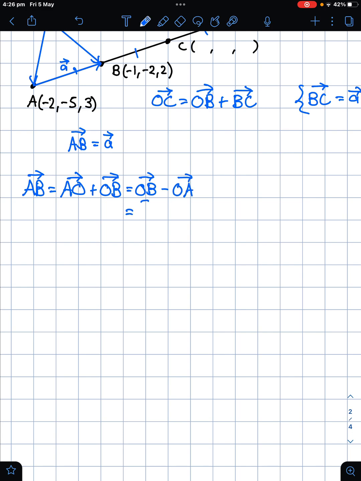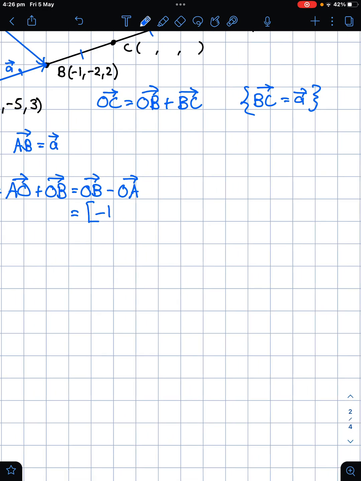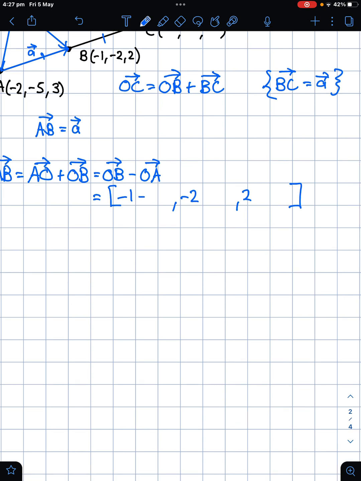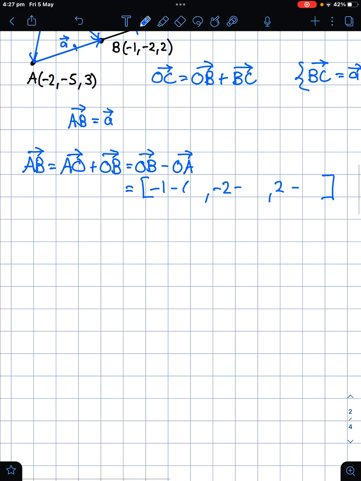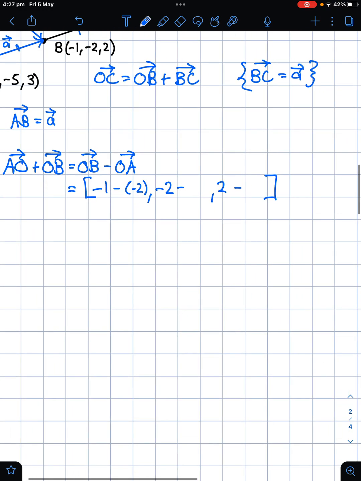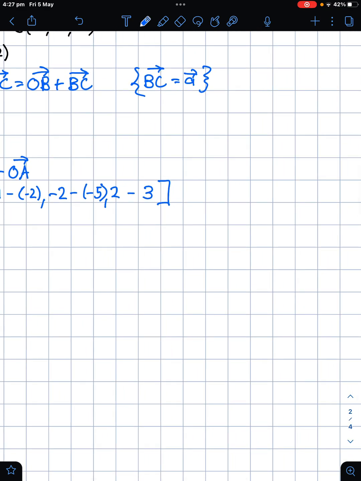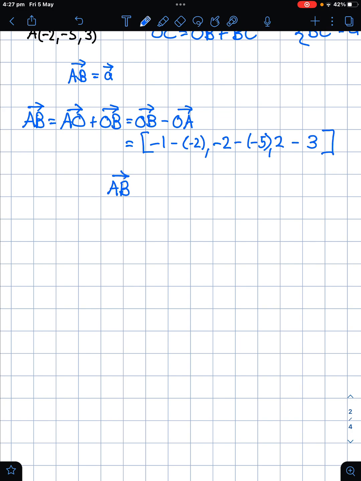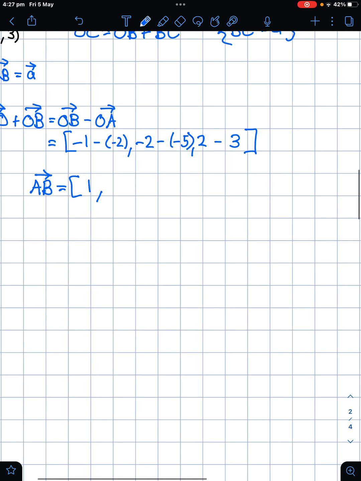This vector OB is (-1, -2, 2). Then for OA, I've got to minus it, so I'm going to put minus in for each of them: (-2, -5, 3). So AB is going to equal here -1 plus 2, which is 1, -2 plus 5, which is +3, and then 2 take 3, which is -1.